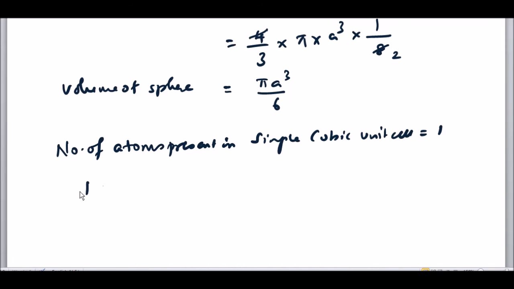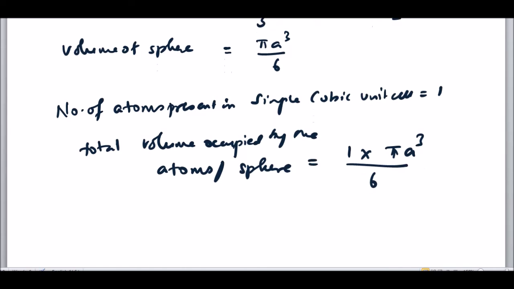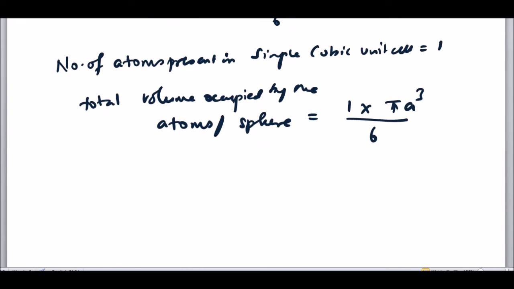So the total volume occupied by the atoms, otherwise spheres, only one sphere is there. So 1 into pi a cube by 6, this will be the total volume occupied by the atoms or sphere. By using this, we can calculate the packing fraction.